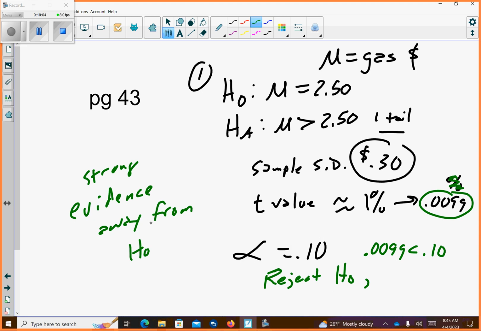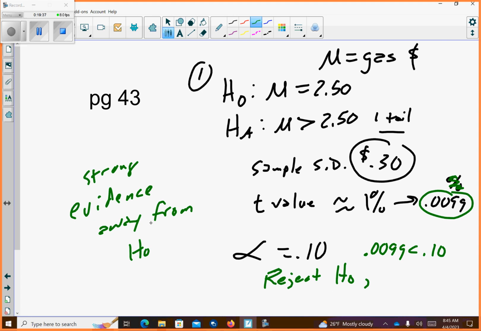Was it random sampling? Well, it said a random sample of. We're testing just Colorado, so where we might run into a problem is if they said the cost of gas throughout the United States. We took a random sample of 20 gas stations in Colorado. That's two different things. So that would be a red flag. But in this case, we don't have a red flag because we're testing Colorado. They told us we're testing Colorado, and we're sampling from Colorado. So I don't see any red flags or any assumptions on this.